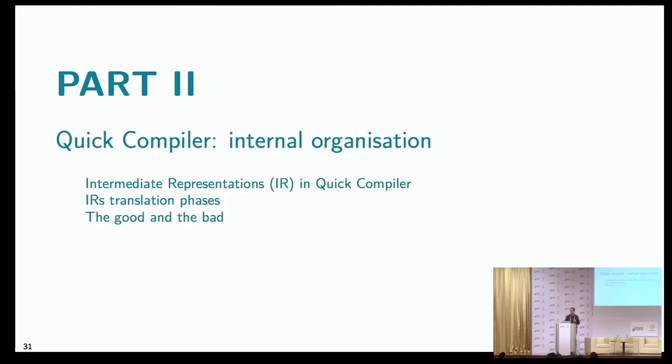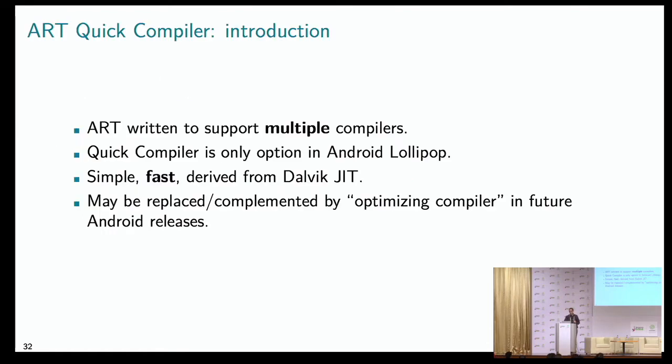So we can now start with the second part of the talk. In this part, I will go quickly through the internal structure of the quick compiler. I will later say what, in my opinion, are the positives and negatives about it. So first of all, Art was written to support multiple compilers.